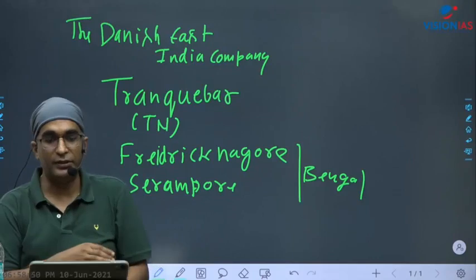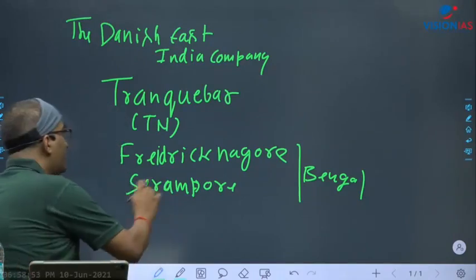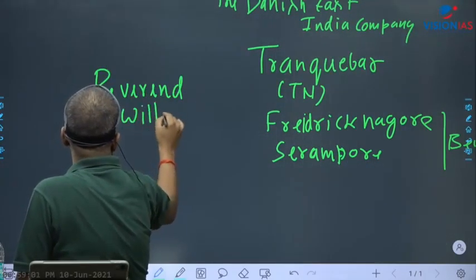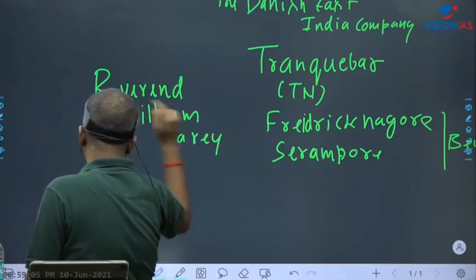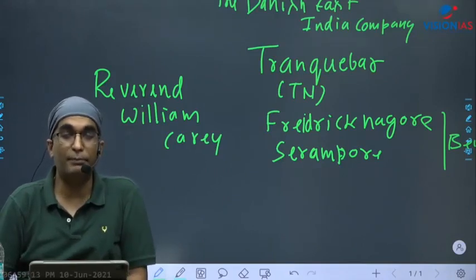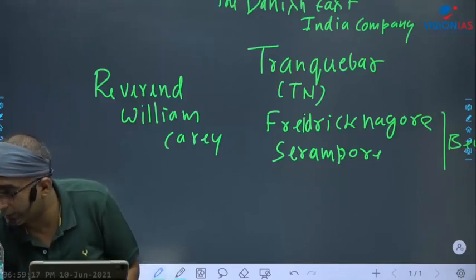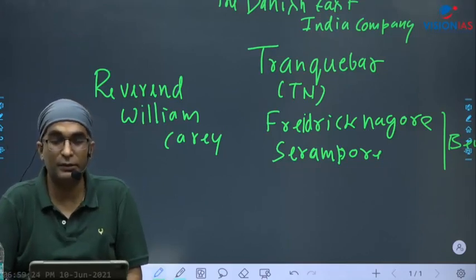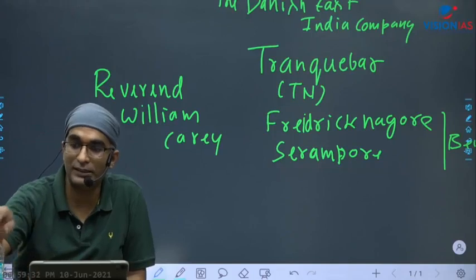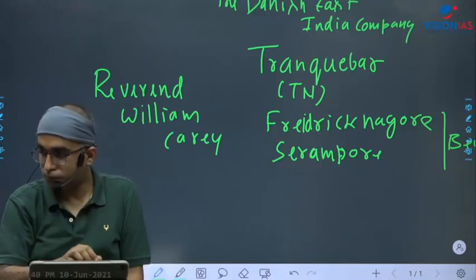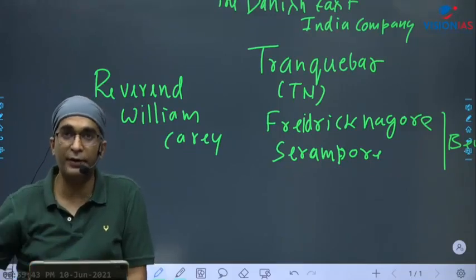Then, in the next paragraph you write that Reverend William Carey established a printing press at Serampore in 1799 for printing the Bible.